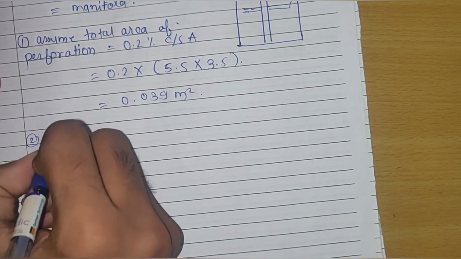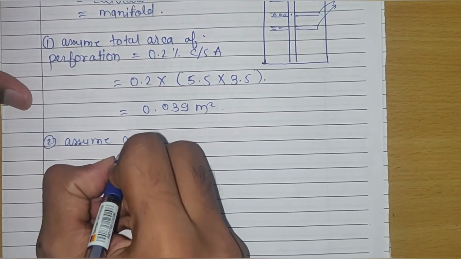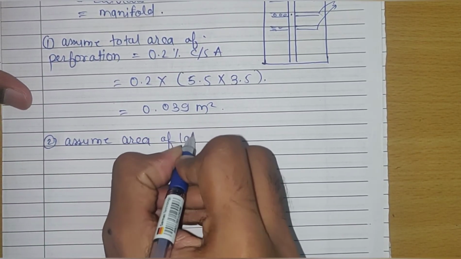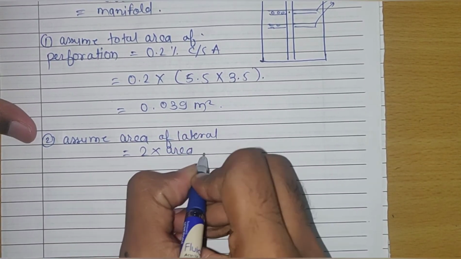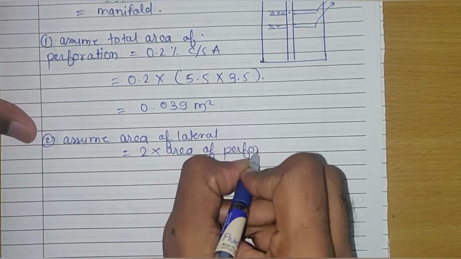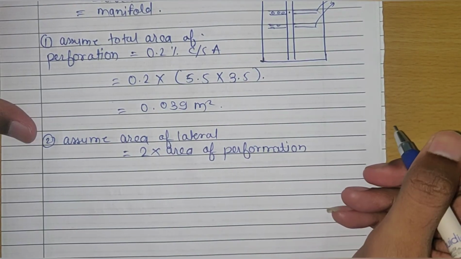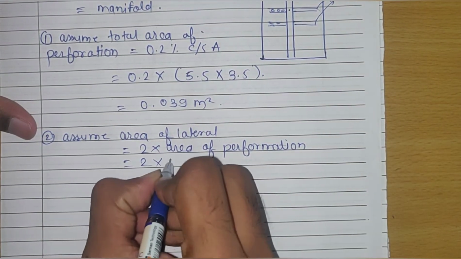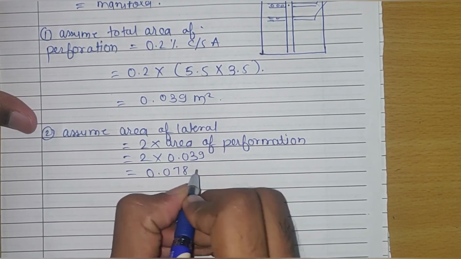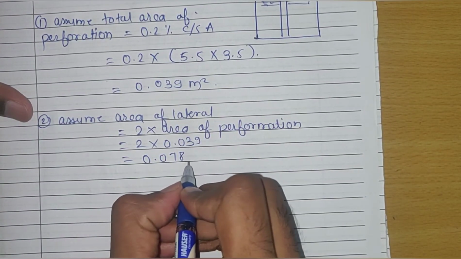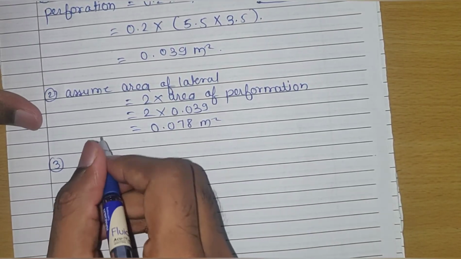Let's assume the area of lateral as twice the area of perforation. So 2 into 0.039, that means 0.078. That is, the area of laterals is 0.078 meter square.